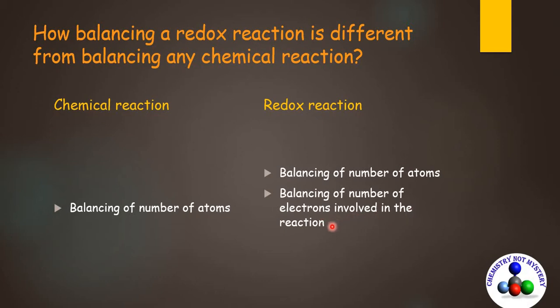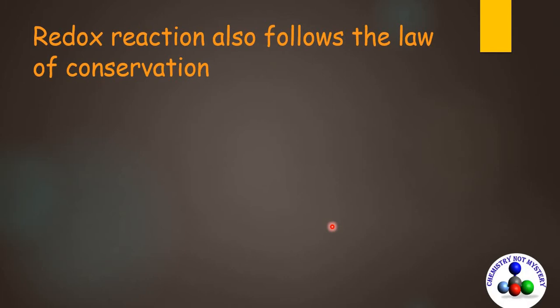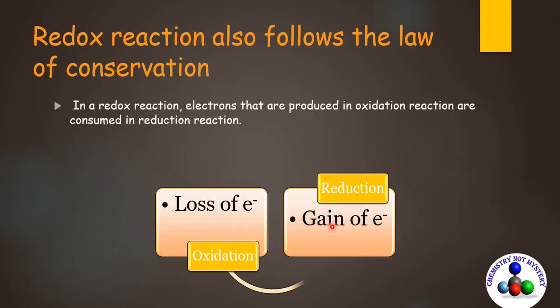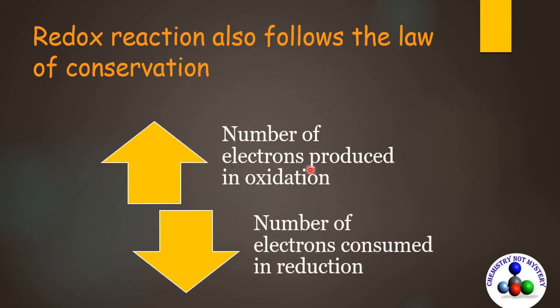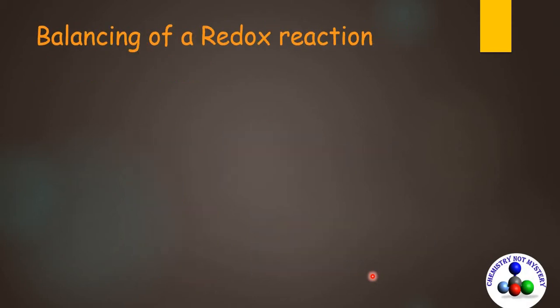Let me elaborate it. The law of conservation of mass is also applicable to the electrons. Electrons are produced in oxidation reaction and are consumed in reduction reaction. That means the number of electrons produced in an oxidation reaction should be equal to the number of electrons consumed in the reduction reaction. You can balance a redox reaction by two methods.